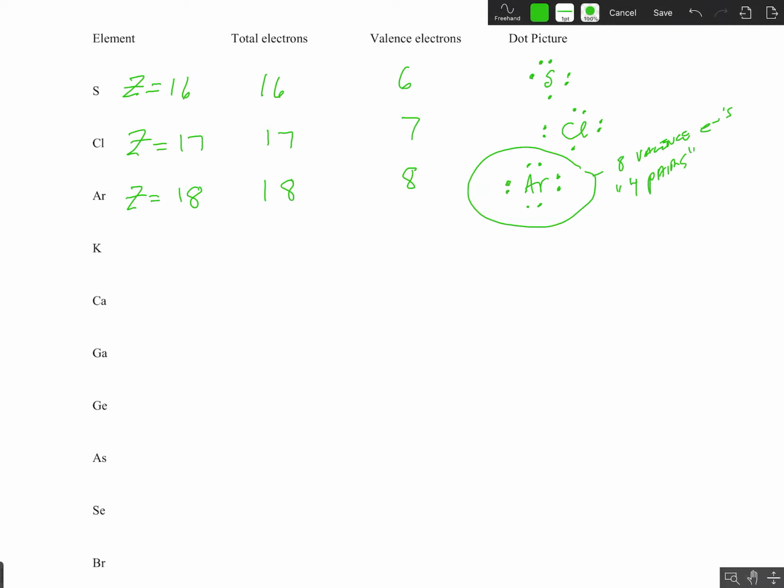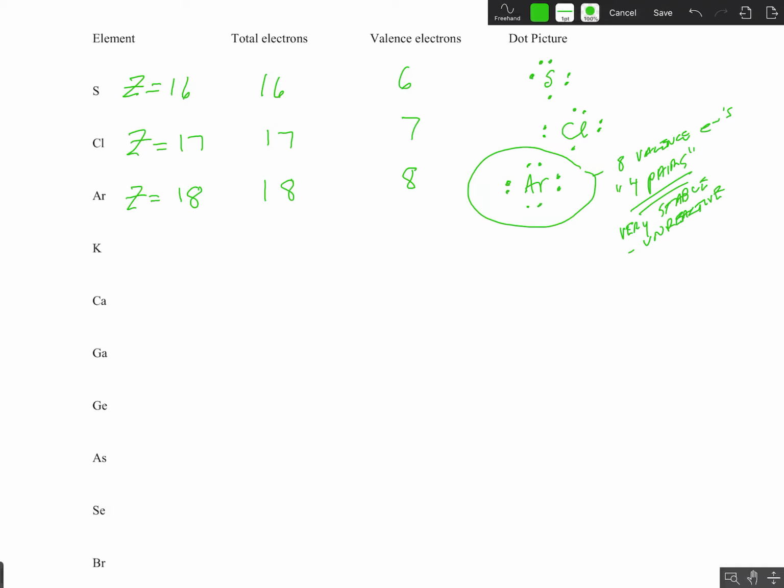Now, it turns out that having 8 valence electrons or 4 pairs of valence electrons is very stable. And what that means is that element is unreactive. All noble gases are unreactive.